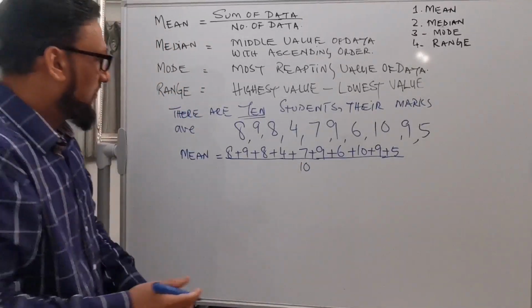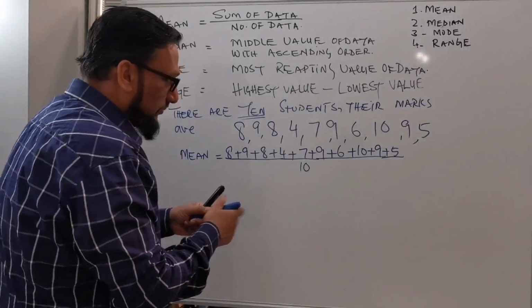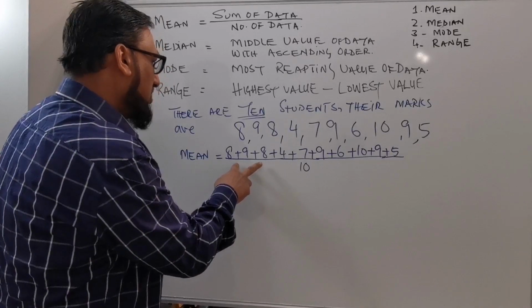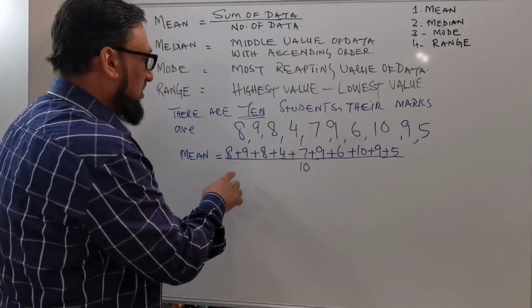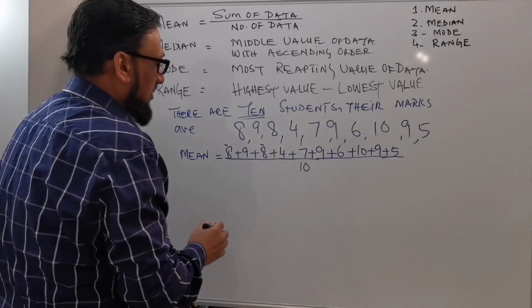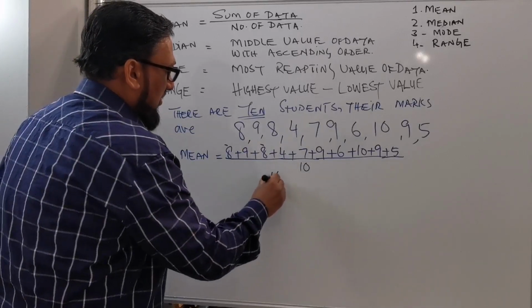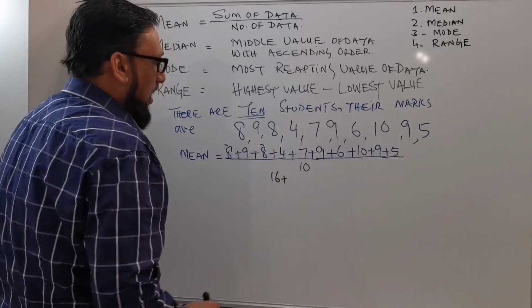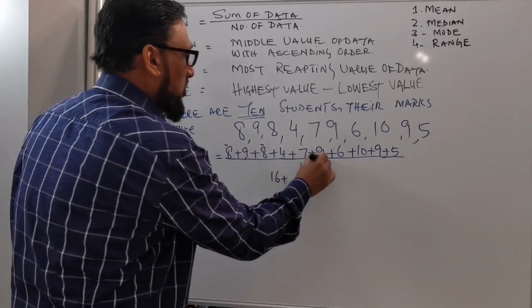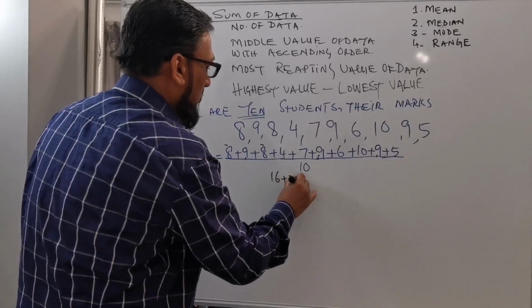So how many 8s are there? There are 2 8s, which is 16. And how many are the 9s? 1, 2, 3, 9s. It means 27.